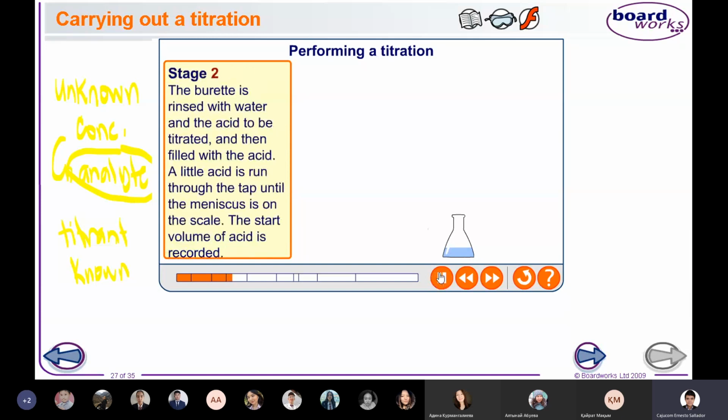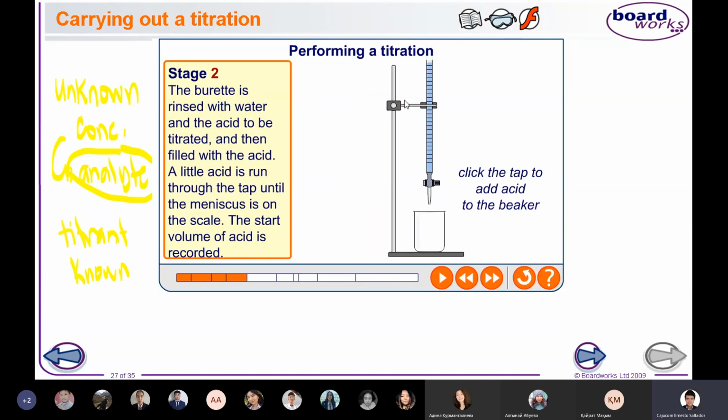Afterwards, the burette is rinsed with water and then we add the acid. We are now placing the acid over here. We will try to get the concentration of the acid because we already know the concentration of the base. It tells you that it is of known concentration, right?